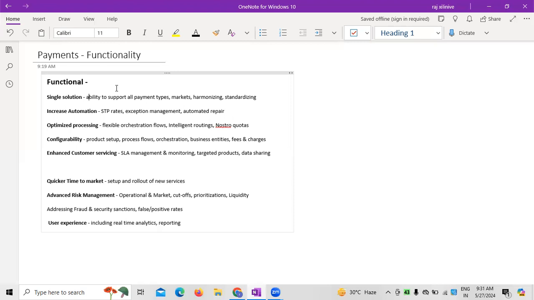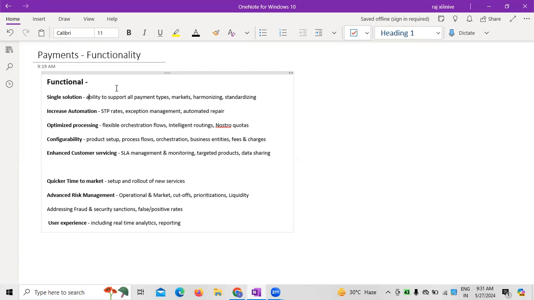So addressing fraud and security sanctions should also be updated in the functional documentation. Next, false positive rates. If there are any rates you want to mention, make sure to mention them and eradicate the false positives, and all of this will be added into this.